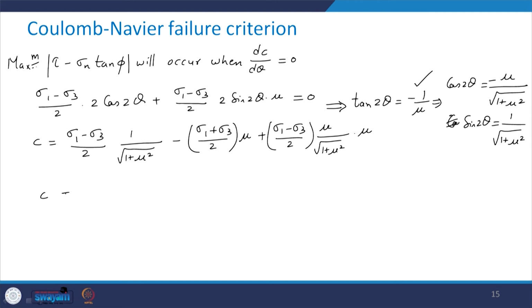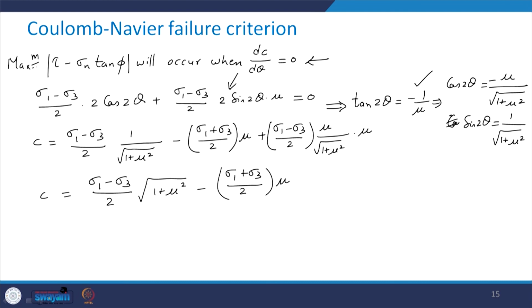So C is going to be equal to (sigma 1 minus sigma 3) upon 2 square root of 1 plus mu square minus (sigma 1 plus sigma 3) upon 2 into mu. When we do this step we get this equation, and if you just solve it, this is what you are going to get.